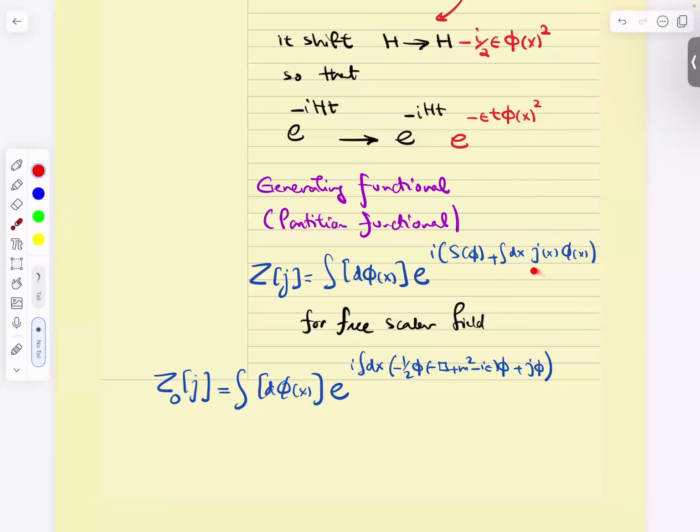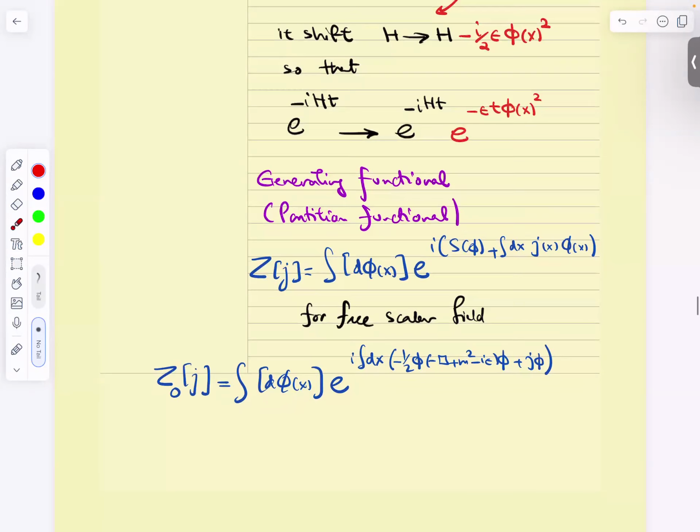We're going to introduce a source, the integral of dx J(x) phi(x). I'll try to explain the physics of this source in a bit. This is the same source that we introduced, familiar from thermodynamics, hopefully. It's just what generating functionals are. For now, this is just an object I can define. All integrals here are space-time integrals, all right?